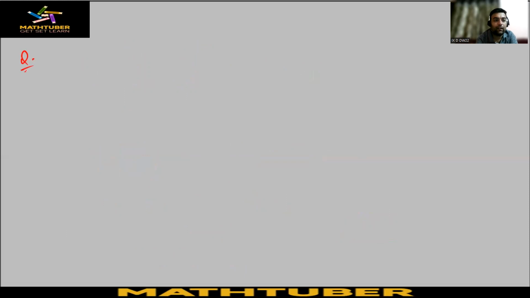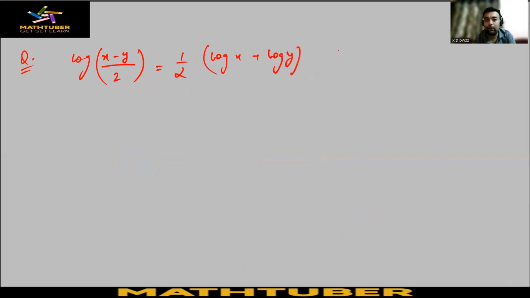Then we have another type of question where log of (x minus y) upon 2 is equal to half of (log x plus log y), and we have to prove that x square plus y square is equal to 6xy. This we have to prove.